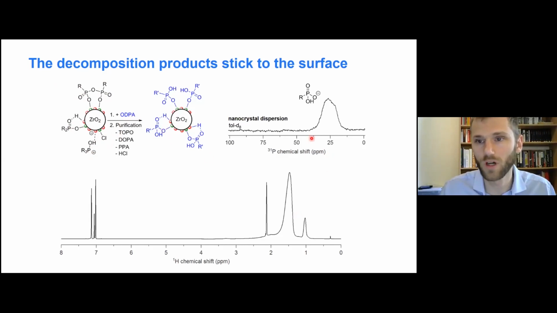And we have one nice peak in the phosphorus spectrum. And this is a very beautifully purified nanocrystal dispersion. You don't see anything except for toluene and then this alkyl chain. So that's a way of cleaning up the mess that the decomposition of TOPO caused.